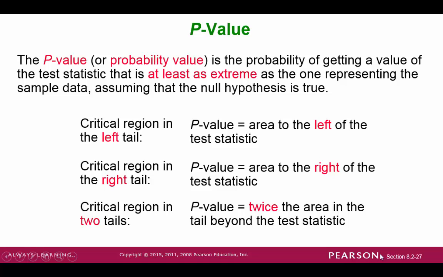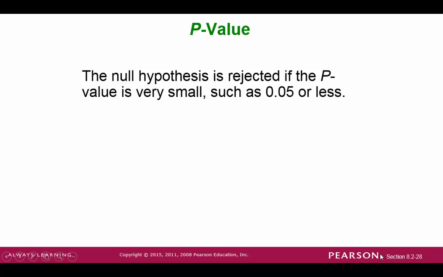Our calculator would be able to help us find the p-values rather quickly. The null hypothesis is rejected if the p-value is really, really small. This is to say that the test statistic is far away from the mean or far away from the middle.